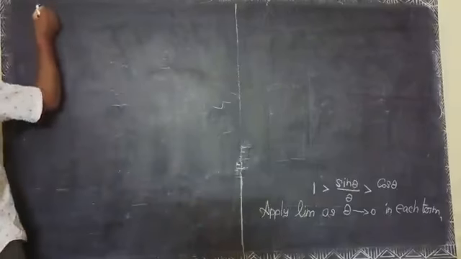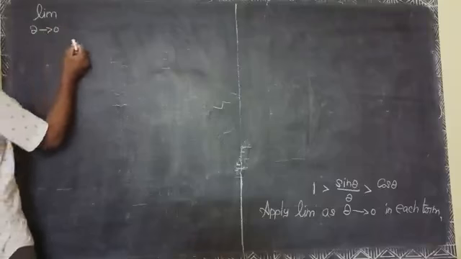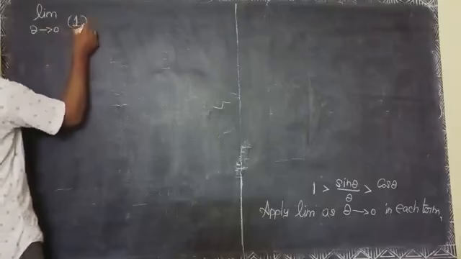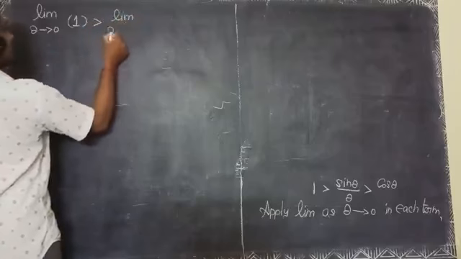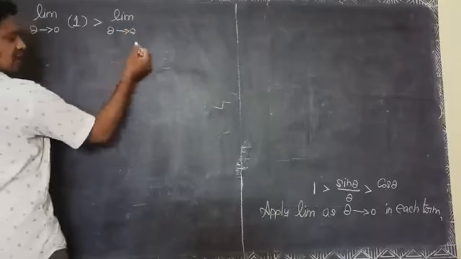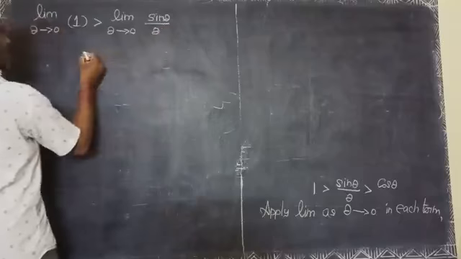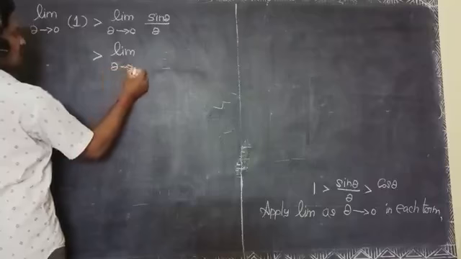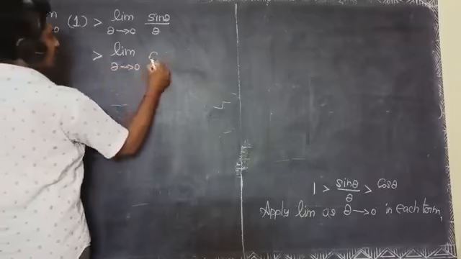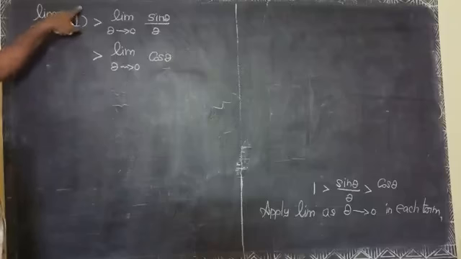That is, the limit as theta approaches 0 of the function 1, which is a constant function, is greater than the limit as theta approaches 0 of sin theta divided by theta, which is greater than the limit as theta approaches 0 of cos theta.